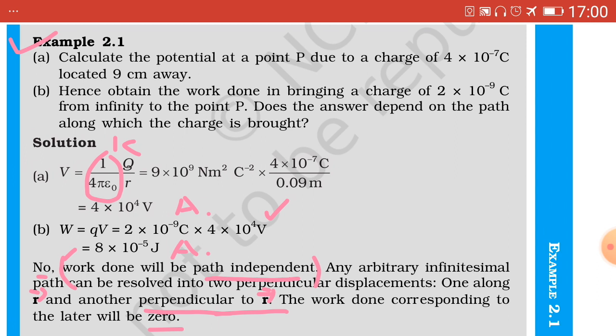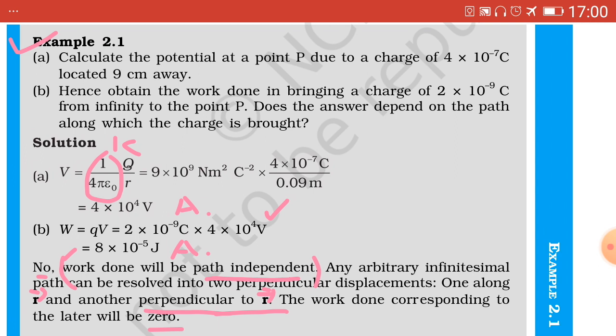B part. Hence obtain the work done in bringing a charge of 2 × 10^-9 coulomb from infinity to the point P. In the same question, another sub question is asked: does the answer depend on the path along which the charge is brought?